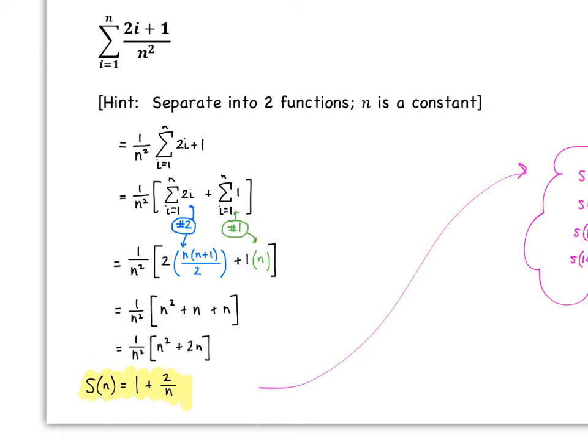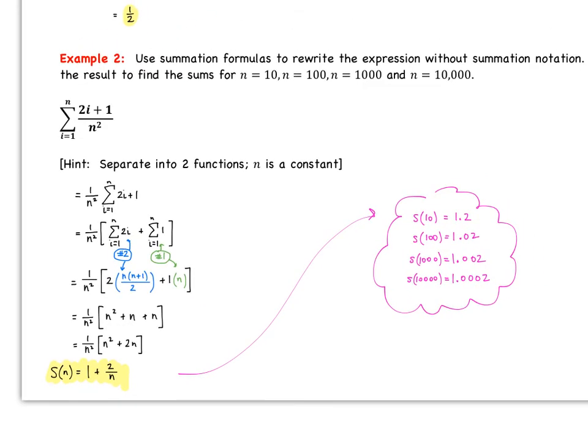So now we were asked to find the sum for when n is 10, 100, 1,000, and 10,000, and now we're simply plugging into our formula to get all of these values off to the side. Take a look and let me know if you have questions of how we got these values.